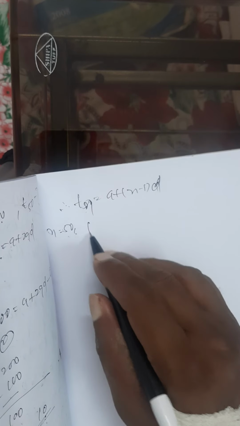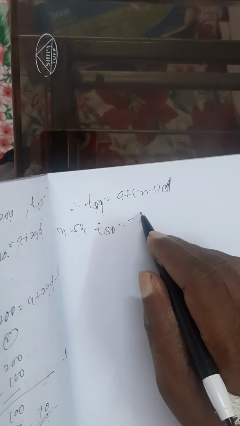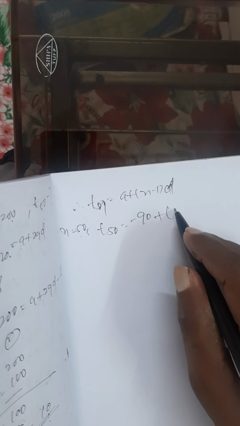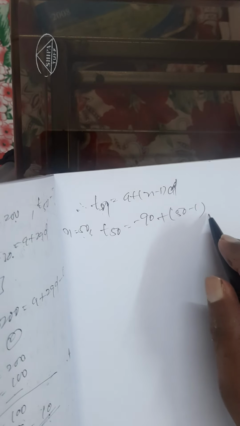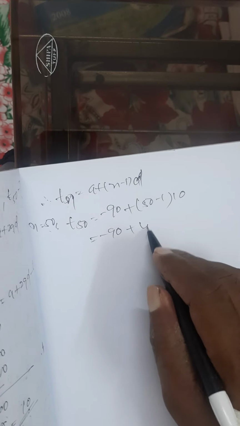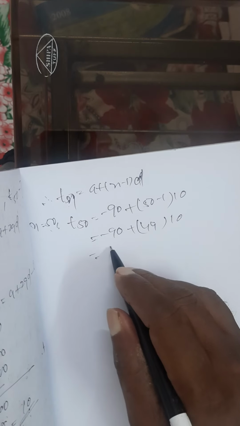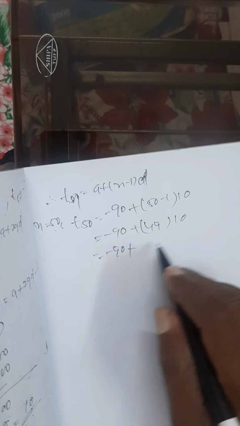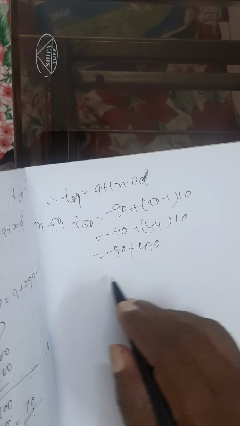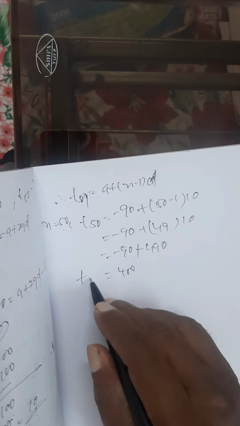Now we put 50. T50 equals A, which is minus 90, plus 50 minus 1, into D, which is 10. So this is minus 90 plus 49 into 10, which is minus 90 plus 490. 490 minus 90 is 400. So T50 is 400.